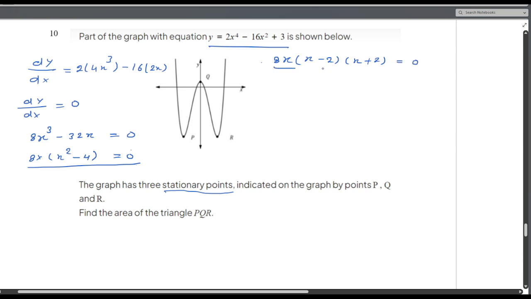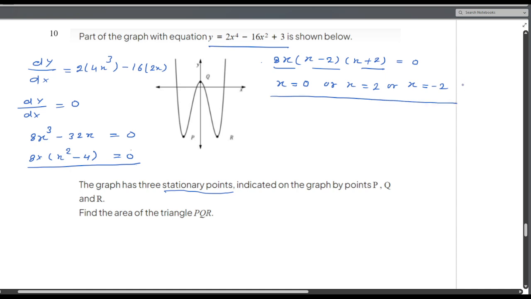Now the product of these three terms is 0, which means any of these terms is 0. So 8x equal to 0 will give x equal to 0, or x minus 2 equal to 0 will give x equal to 2, or x plus 2 equal to 0 will give x equal to minus 2.